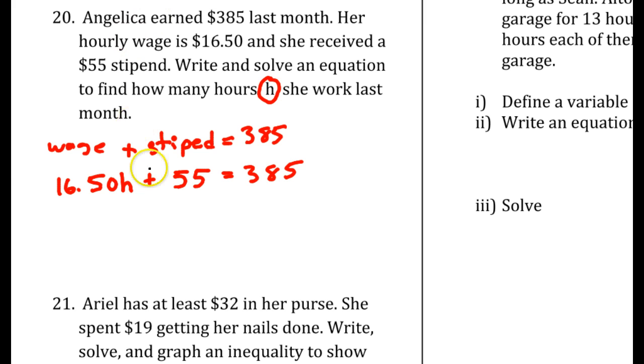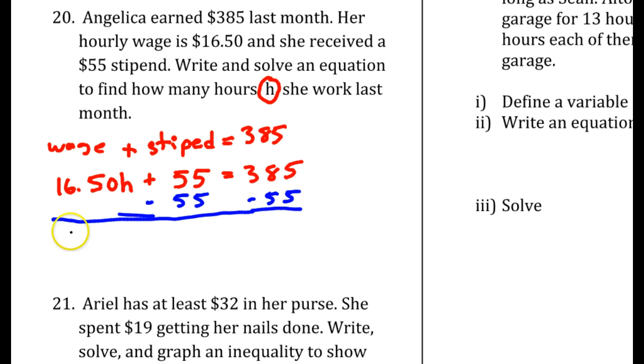Okay, now I can go ahead and solve it just like we would above. Minus 55 on both sides. There we go. And I can abbreviate that to 16.5H, same thing, which equals 385 minus 55, which is 330. Divide both sides by 16.5.